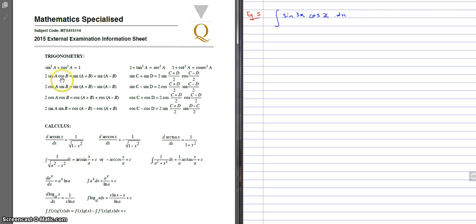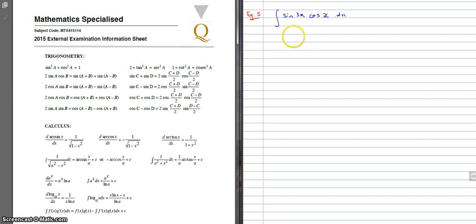Okay, that can be changed so that we can write it as a sum of those angles, but both using sine, or both using cos depending on the situation. Now, clearly we've got sine times cos, and the only one with sine times cos is this particular one here. Okay, so that's the one we're going to use.